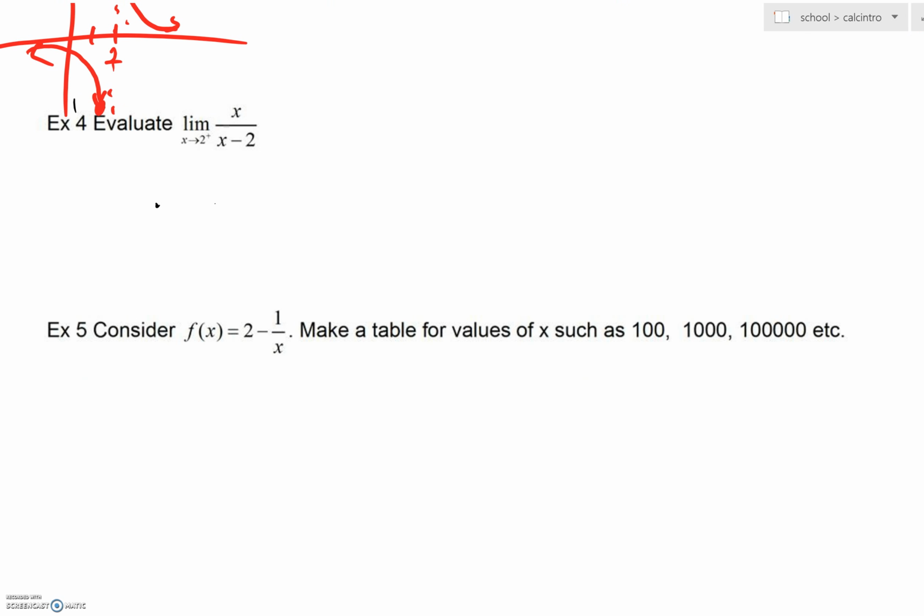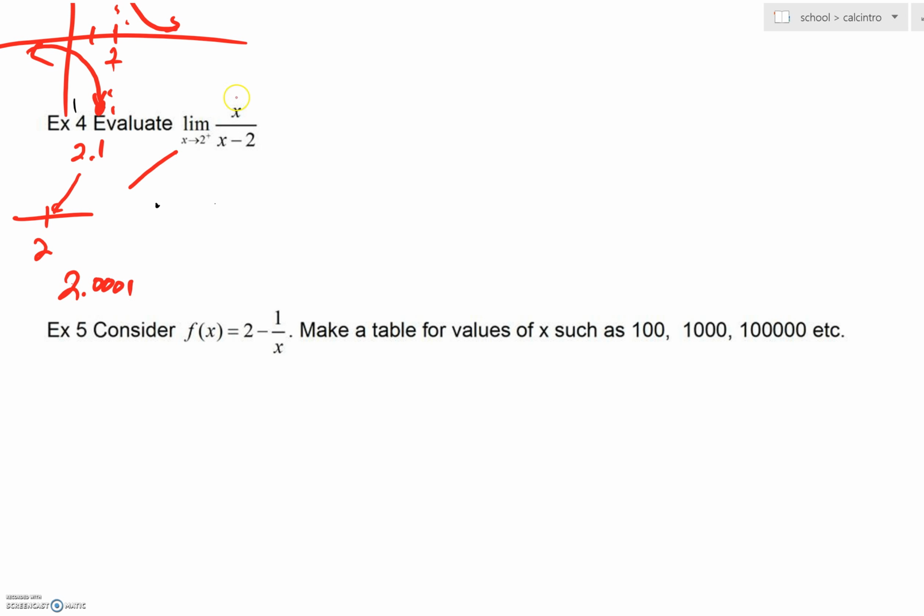Take a look at number 4. What kids will quickly notice is they'll say, wait a minute, this doesn't appear to be easily graphed with that x up on top. But I'm approaching 2 from the right. So if you're approaching 2 from the right-hand side, you're plugging in something like a 2.1 or a 2.00001.